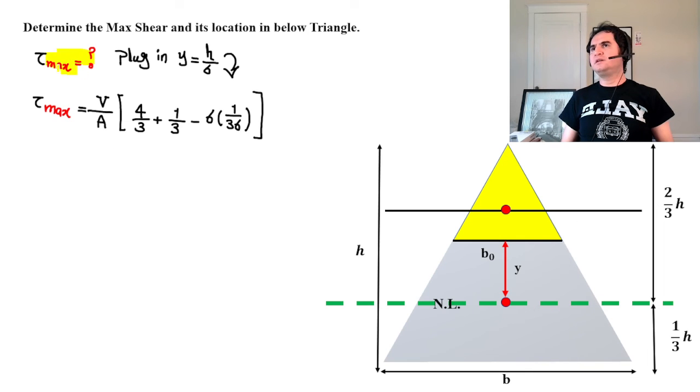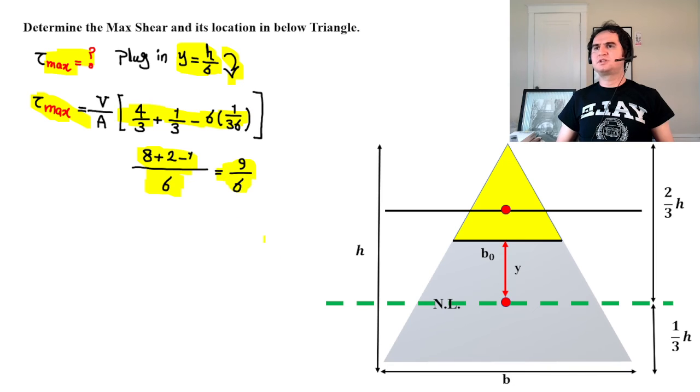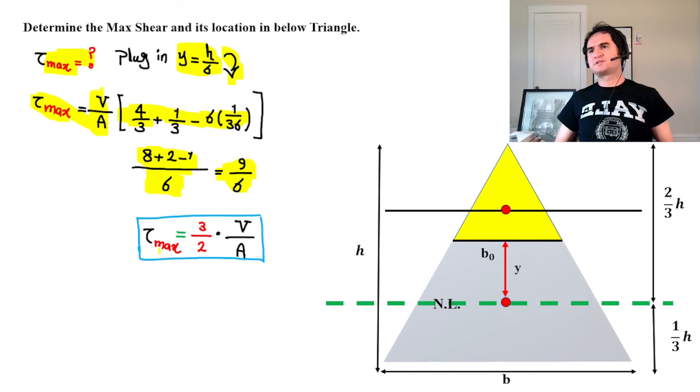If you plug in y equal to h over 6 in the main equation of tau, VQ over It, it gives you tau maximum. I bring the numeric value h over 6 there, and by rearranging and working around the equation, it gives you 9 over 6 times V over A. If you simplify that, tau max for a triangle is 1.5 V over A. And it was an interesting result.